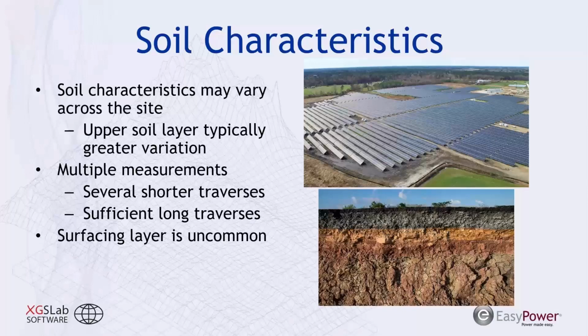Another thing that's a bit of a challenge with photovoltaic systems is that you're unlikely to apply any sort of surfacing material to these sites. In contrast to substation designs, where if you have a substation like we had shown at the beginning, you're likely to have some sort of crushed rock or gravel surfacing, and that acts as an insulating layer for those touch and step voltages and helps reduce the current that could go through somebody.